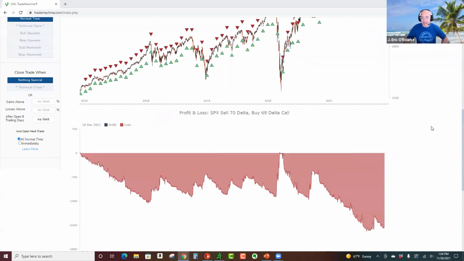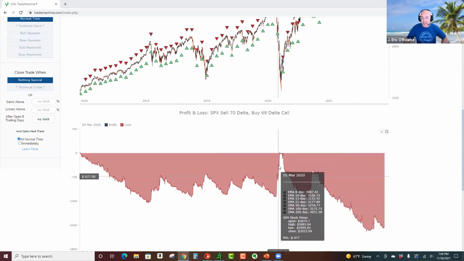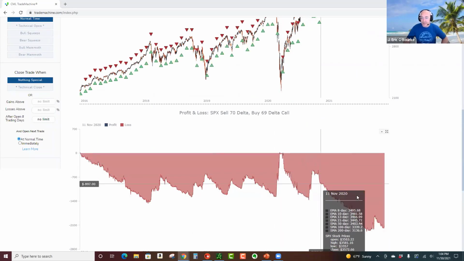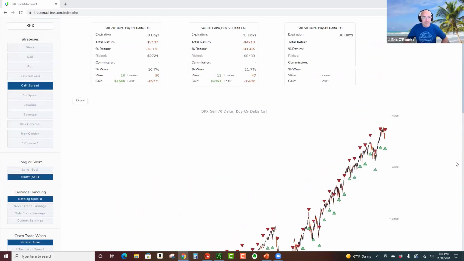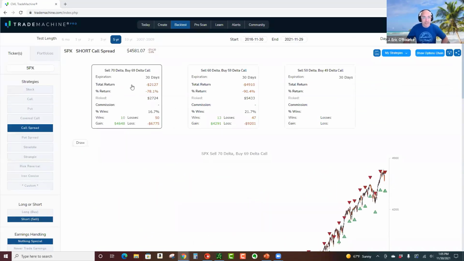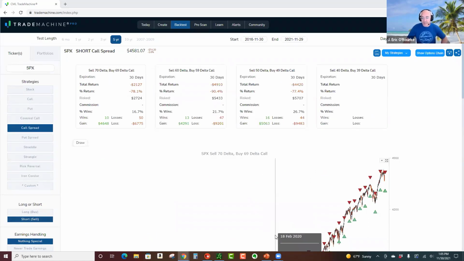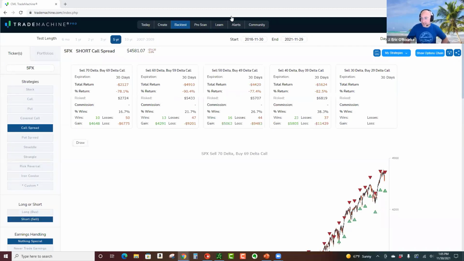Right, so here's the 5-year. It actually made a lot of money during COVID, but then lost it all back. That's the Delta 70. See, the longer you go out in time, it takes a little bit longer to run these. So while this is running, any more questions before we wrap it up? I know we were kind of all over the place, so I hope this was helpful.